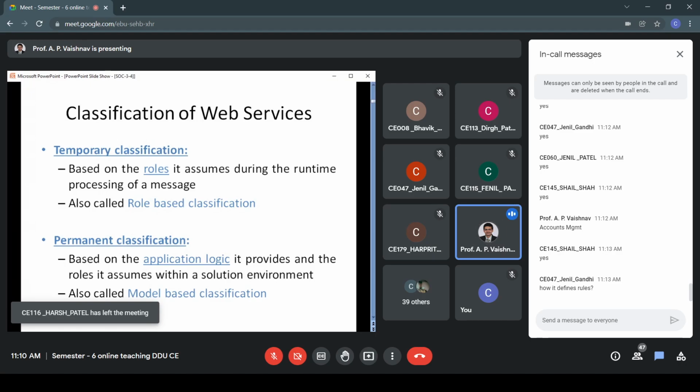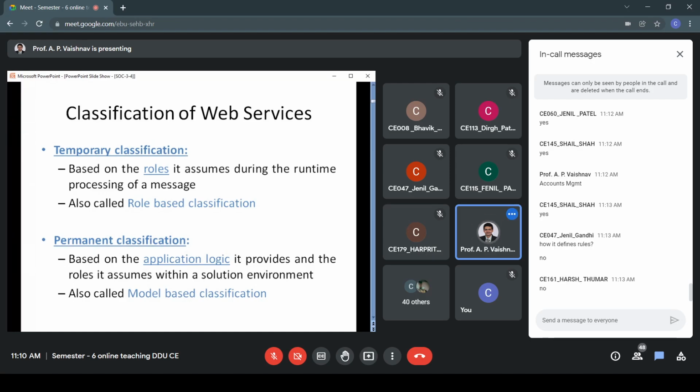We'll see how it defines rules. The account service will basically be designed specifically for a particular client. We will not be writing a generic account service. Is it possible to create a generic account service that can be given to anyone who requires accounting? Is it possible theoretically or even practically? No, right?